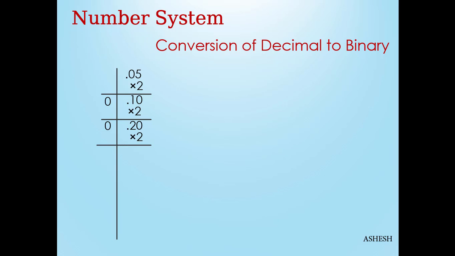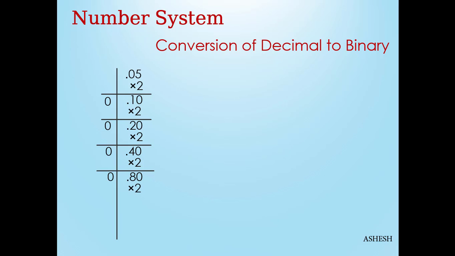We got 0 integer and fraction 0.40. Multiply 0.40 by 2. We got 0 as integer and 0.80 as fraction.